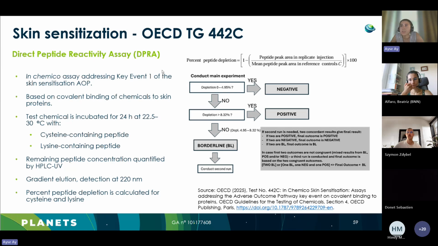In this assay, you incubate the test substance at a controlled temperature with synthetic peptides, which can be cysteine-containing or lysine-containing peptides. After incubation, from the remaining peptide concentration measured by HPLC and UV, you quantify the depletion. If the peptide depletion is high, this indicates a strong reactivity and therefore a higher likelihood of skin sensitization.